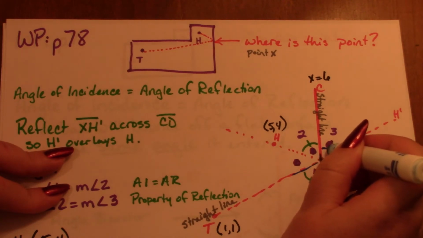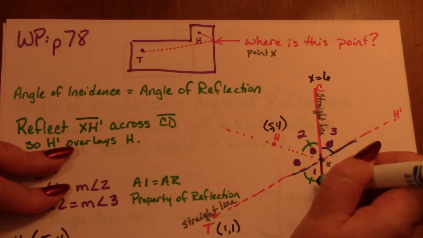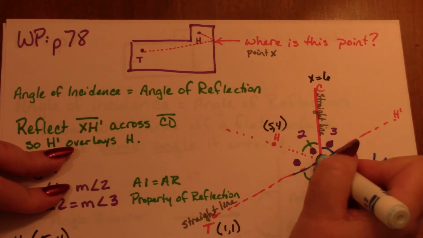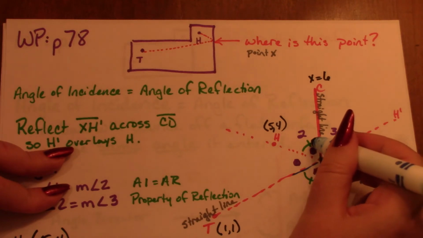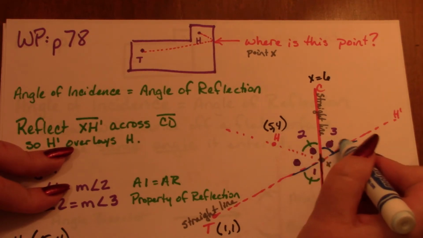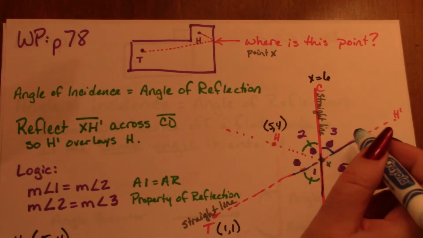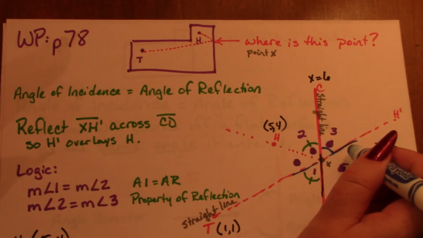So we know that angle 3 equals angle 1. Because of the law of reflection, we also know that angle 1 equals angle 2, because the angle of incidence equals the angle of reflection. And that makes sense because these are reflections of each other. Angle 2 and angle 3 equal each other. So all of the logic in the world points to that being correct.